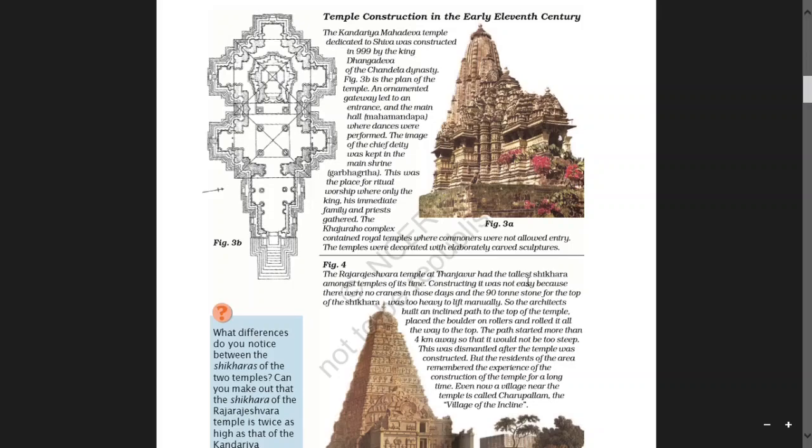Constructing it was not easy because there were no cranes in those days, and the 90-ton stone for the top of the shikhara was too heavy to lift manually. So, to construct it was not easy during those days because there were no cranes.